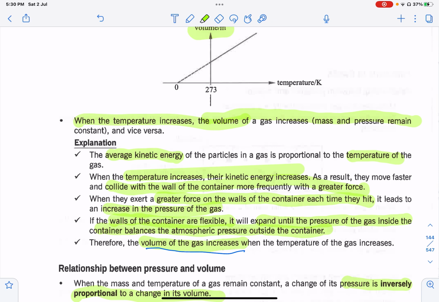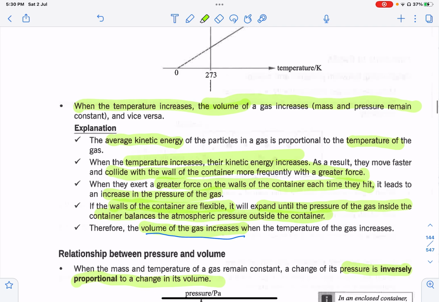Now, why is it so? Because the average kinetic energy is proportional to the temperature of the gas. Temperature increases, kinetic energy increases, leading to collisions with the walls of the container more frequently. This will exert a greater force, hence greater pressure on the container.